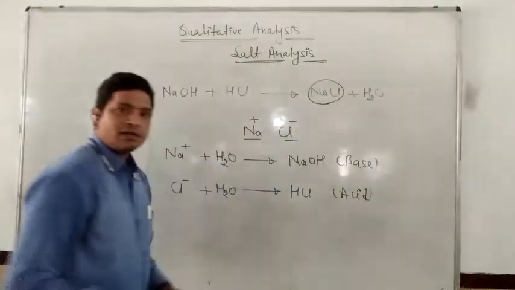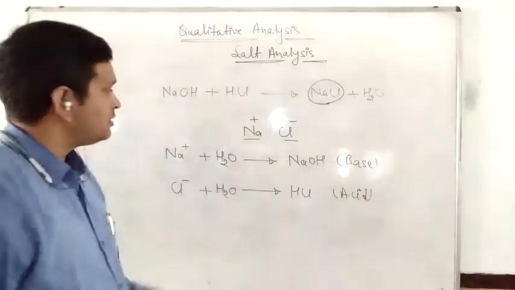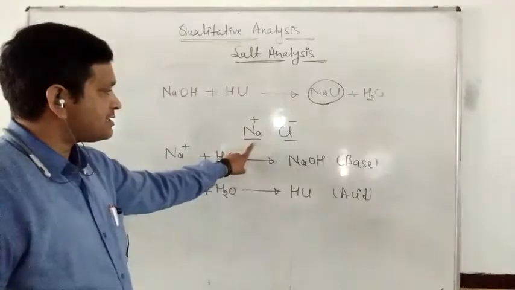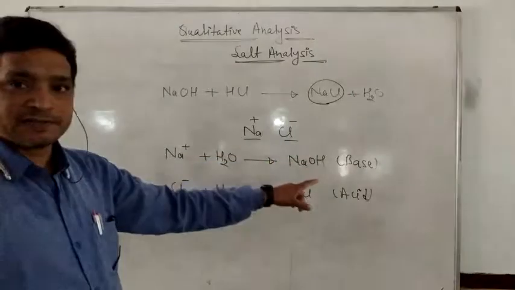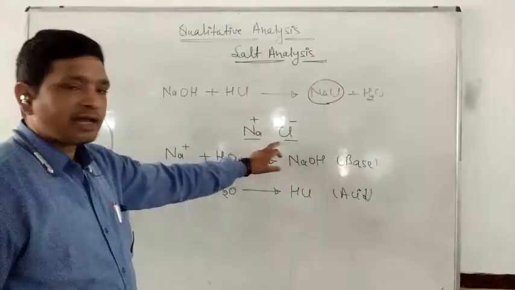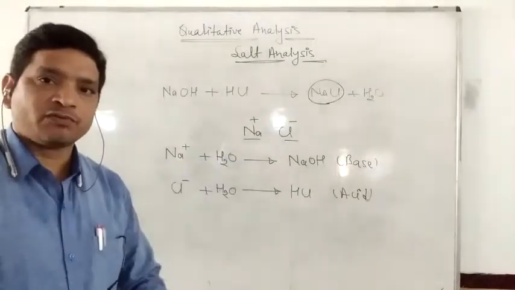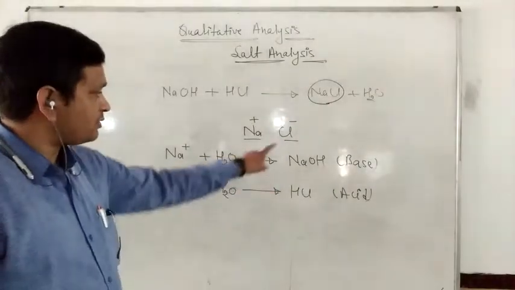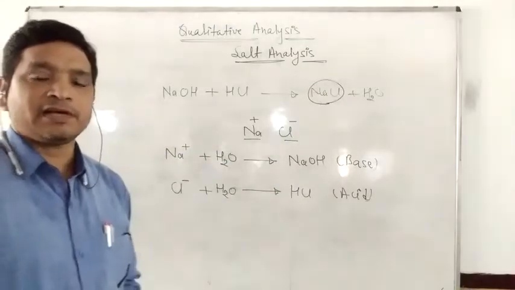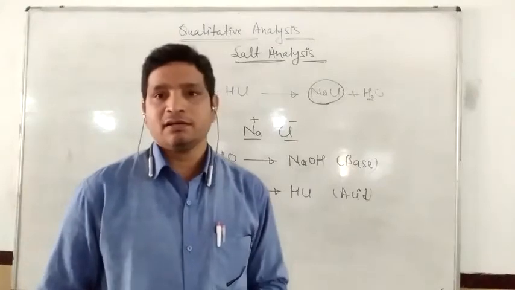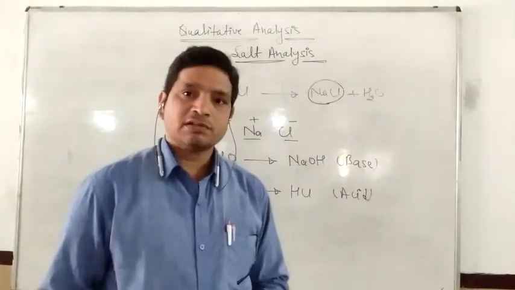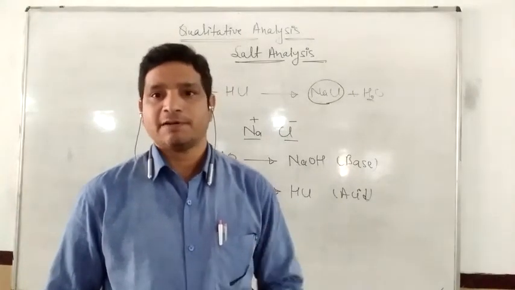So in any salt, the cation is called the basic radical because it reacts with water to form a base, and all anions react with water to form acid, and therefore these anions are generally termed acidic radicals. So today we will try to understand which cation and which anion is present in the given salt.